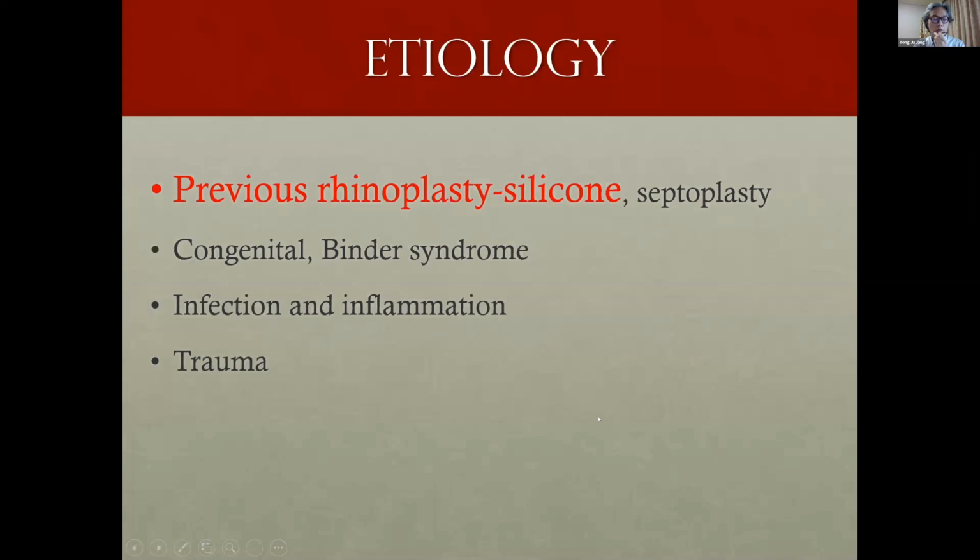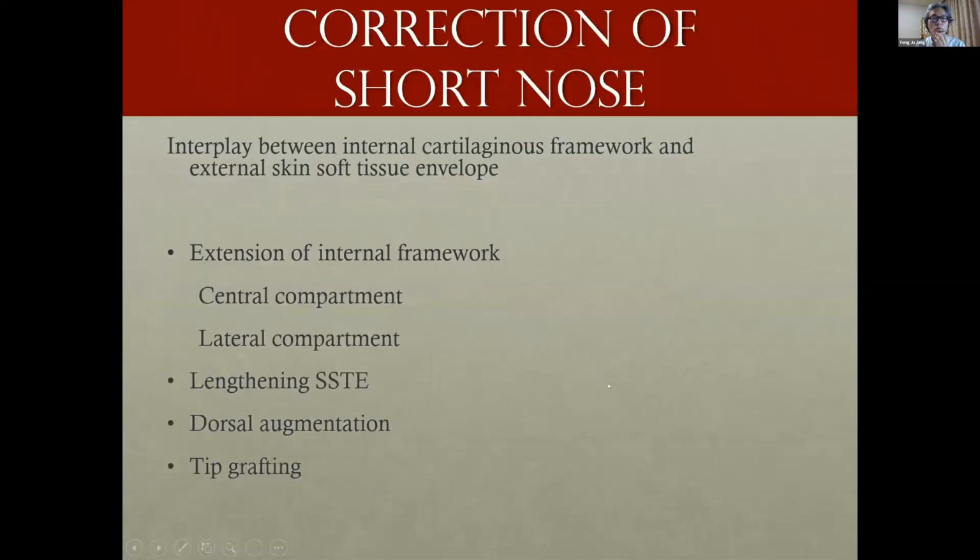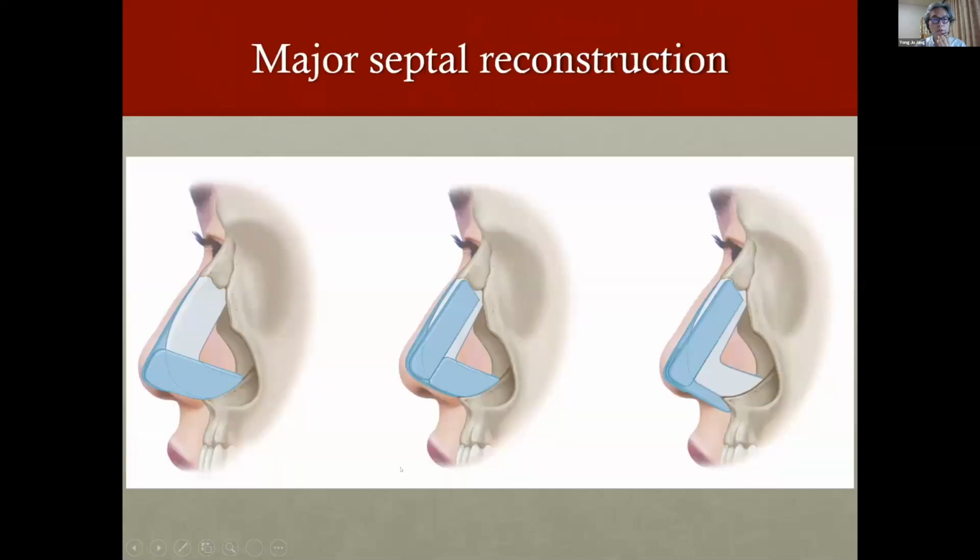In our part of the region, the most common cause is silicone rhinoplasty done before. In order to correct this short nose, we should have some armamentarium in our hand. The most important thing is the septal extension graft to elongate the central compartment. Then we need some techniques like augmentation and rib grafting.